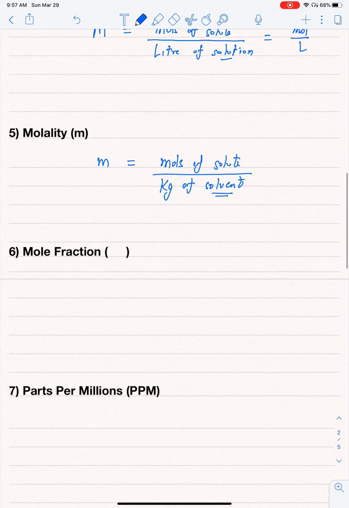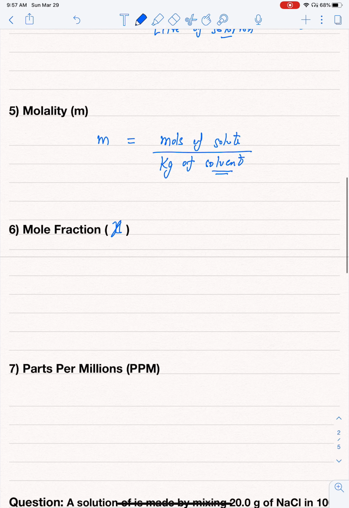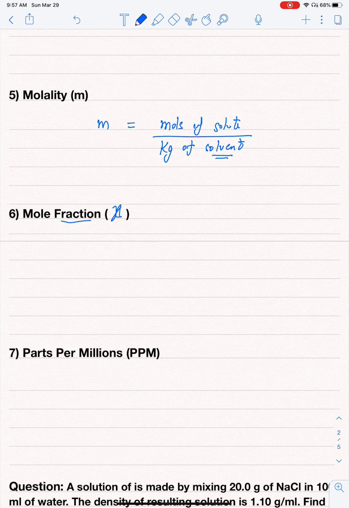Okay, then you may also see the mole fraction. The symbol for mole fraction is this Greek letter that looks like X. And mole fraction, just like the name says, is just the fraction of the moles.